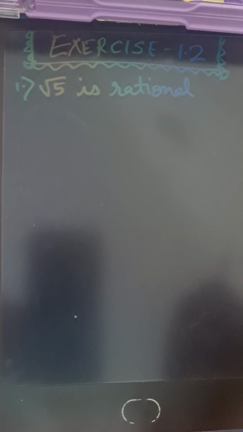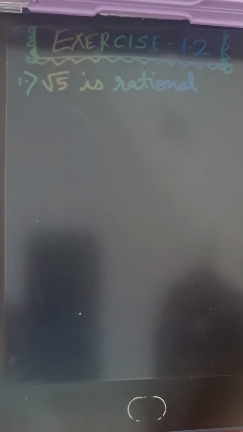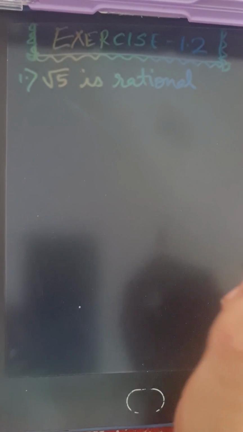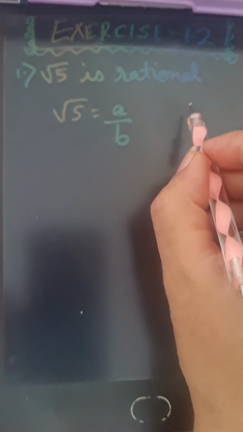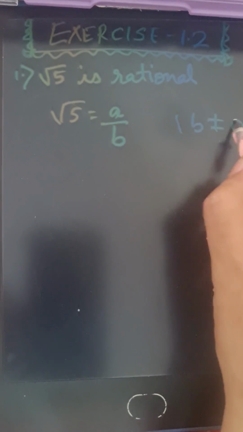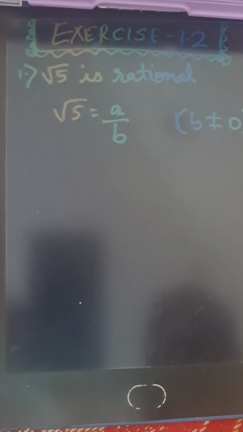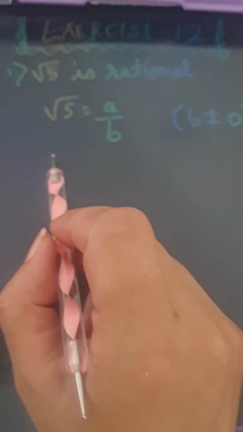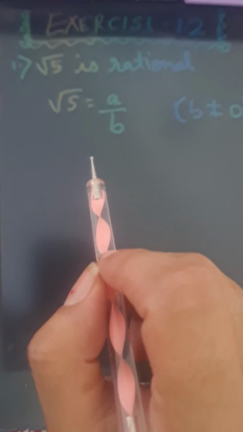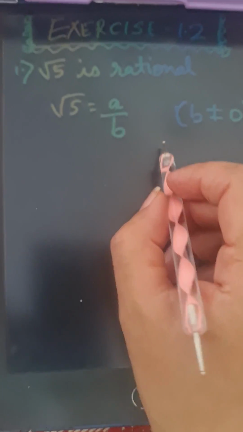Then there exist two integers a and b such that root 5 is equal to a upon b, where b is not equal to 0. Also we assume here that a and b are in lowest terms.